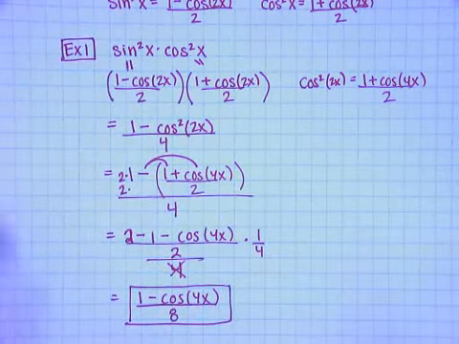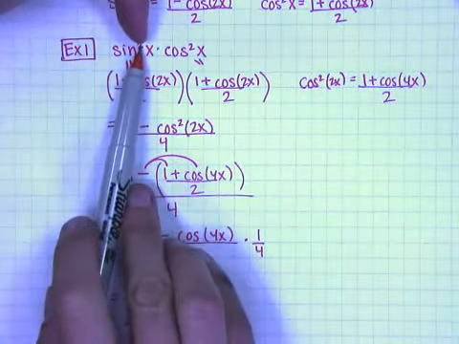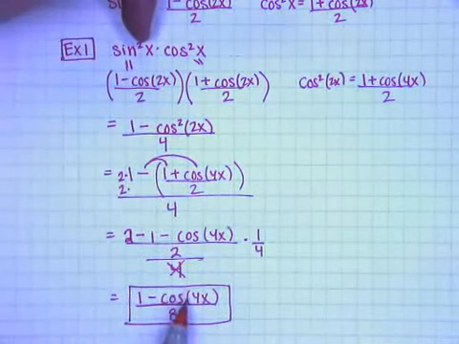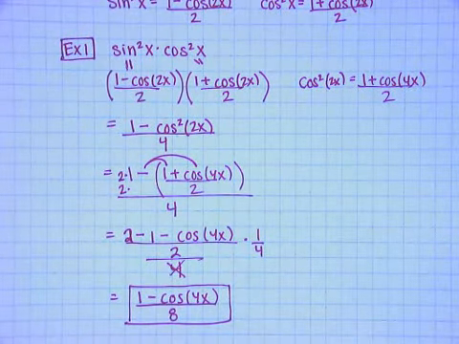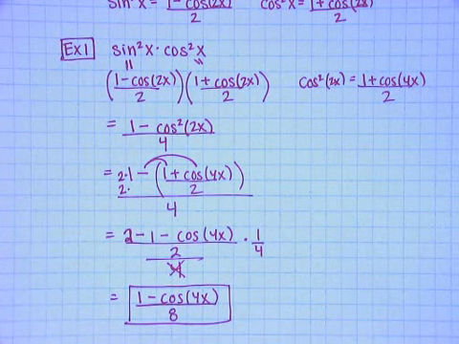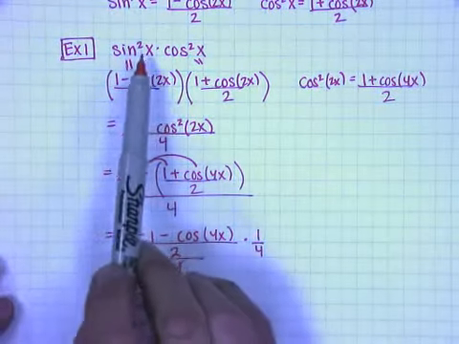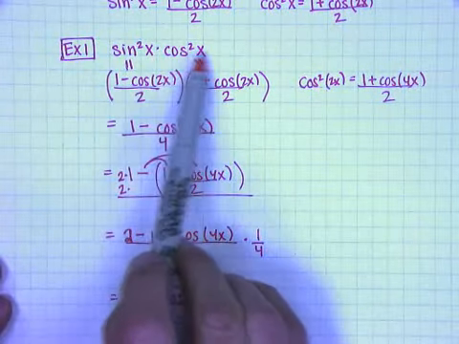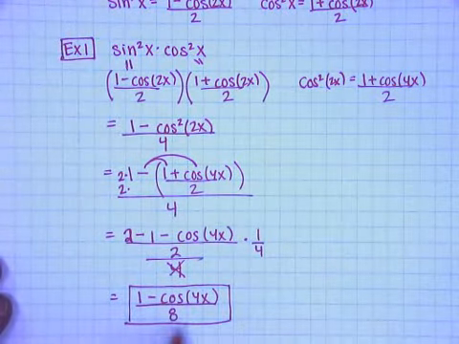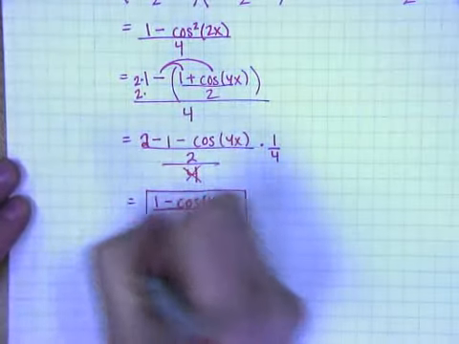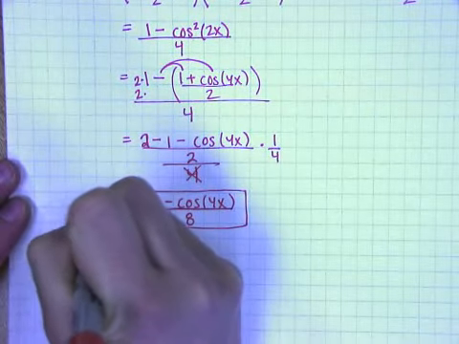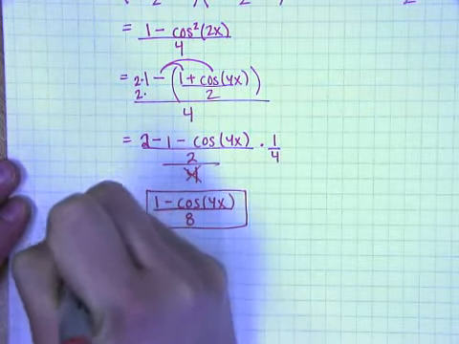Notice, I did do a lot of work here, but I've lowered the power from 2's down to first degree. So I really have lowered the powers, which is going to be really important next year in calculus. Also notice that when you do sine squared times cosine squared, it simplifies down to something nice and small. Something that might be helpful for you guys on the problem you're working on today, let's call this example 2.